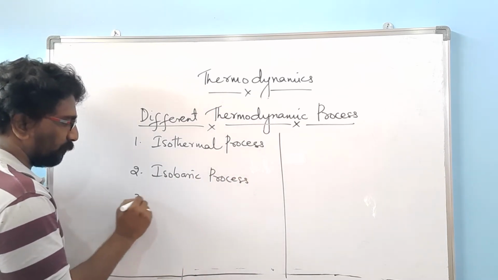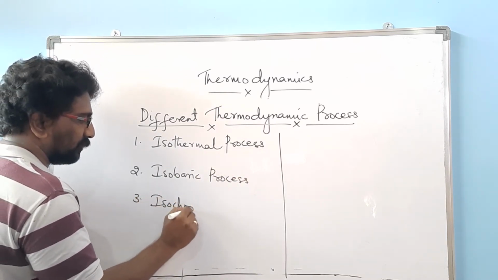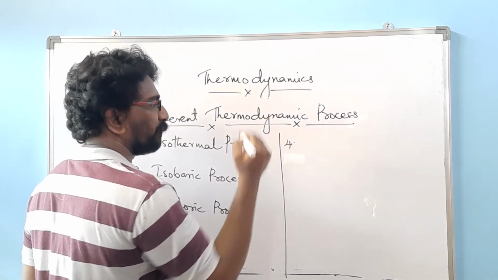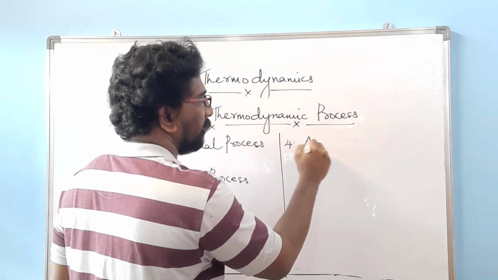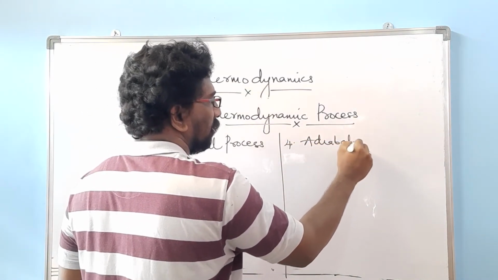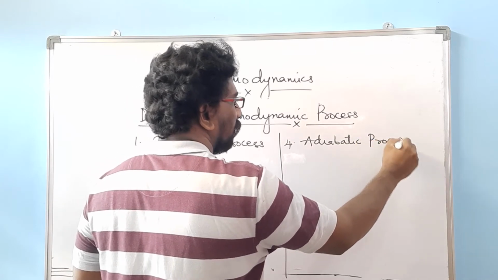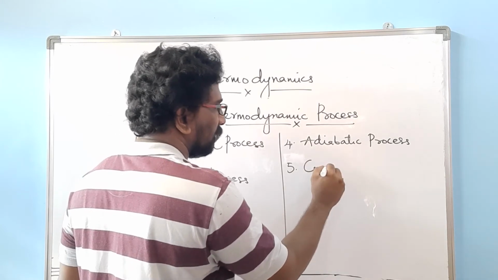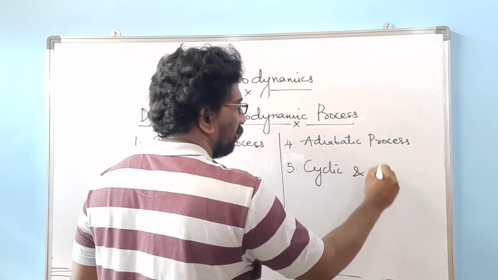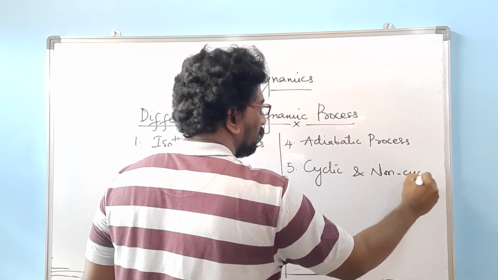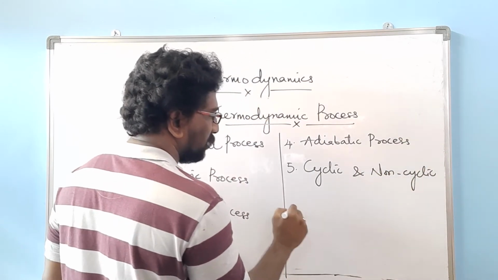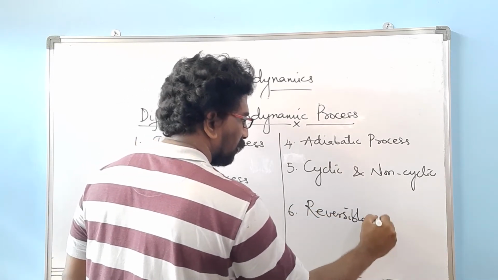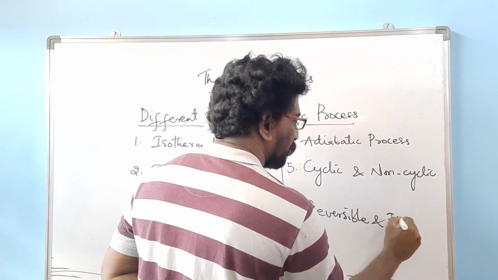Third one, isochoric process. Fourth one, adiabatic process. Fifth one, cyclic and non-cyclic process. Sixth one, reversible and irreversible process.